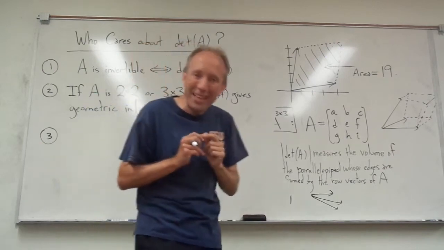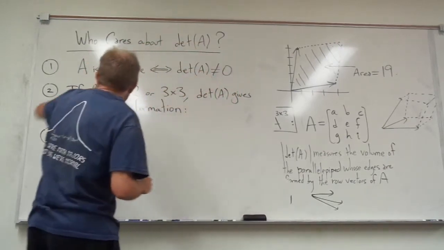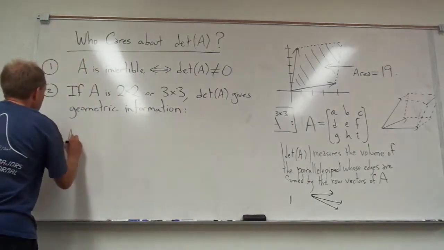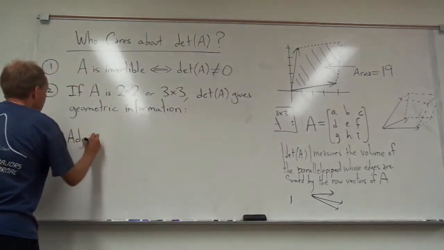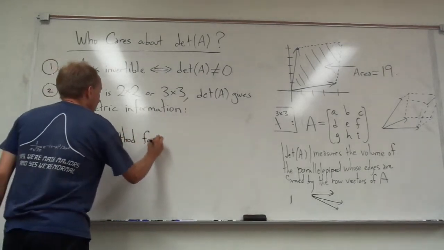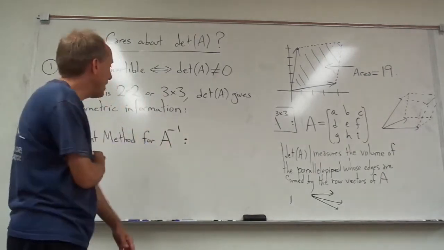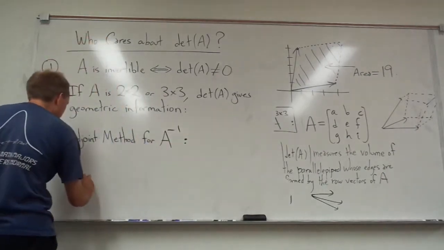But even better than that, if the determinant is not 0 and we have an invertible matrix, we get what's called the adjoint method, or adjoint formula, for A inverse. I'm going to write down the formula first, and then I will explain it.